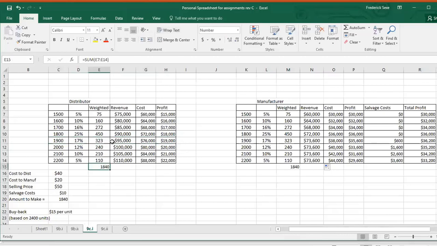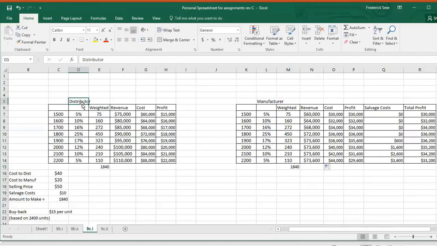So 1840, if you use one of these two numbers here, that's fine, as long as you can talk to the fact that the distributor is only going to be able to sell what the manufacturer builds.